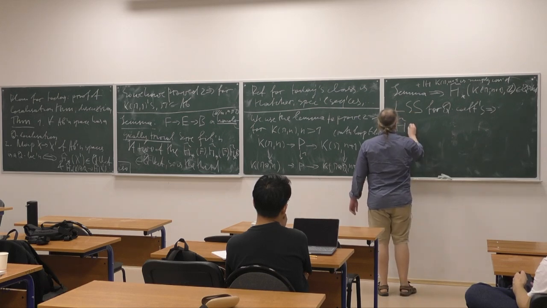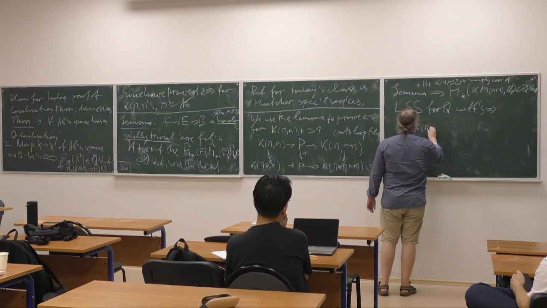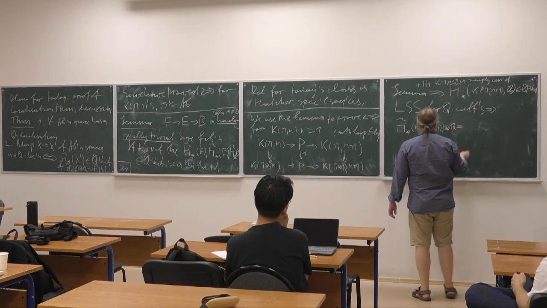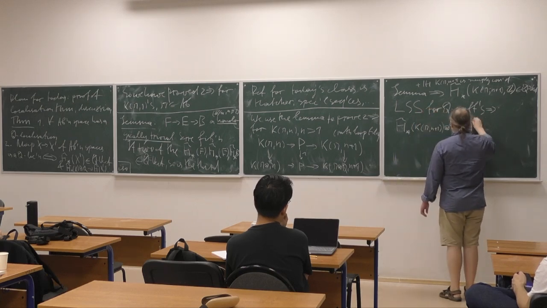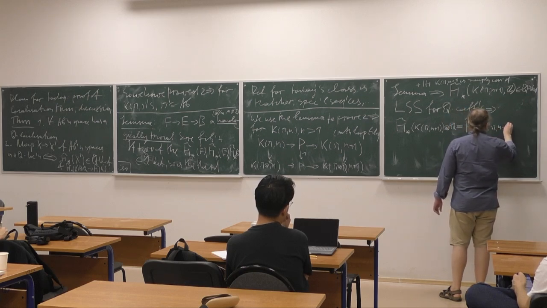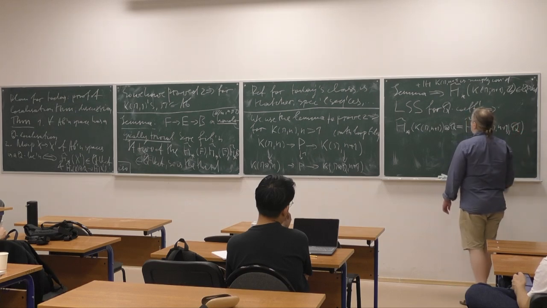So we have H of K(π, n+1) tensor Q, which is the same as H of K(π, n+1) with Q coefficients.